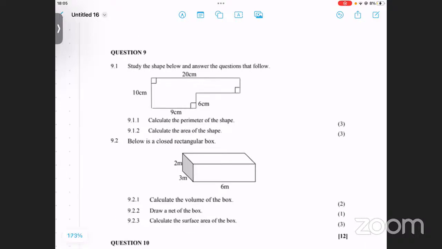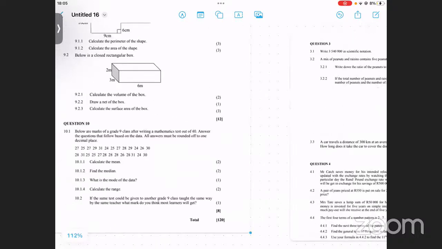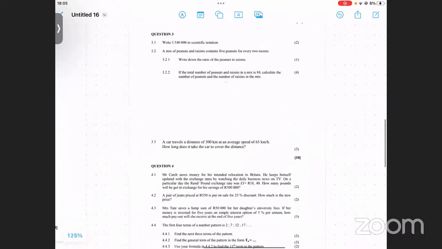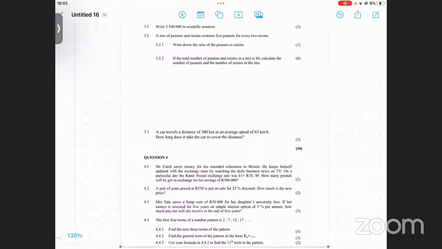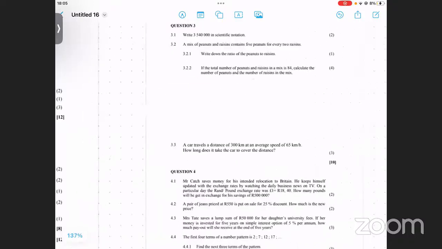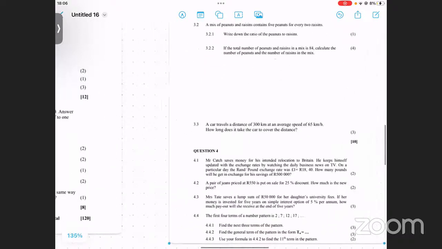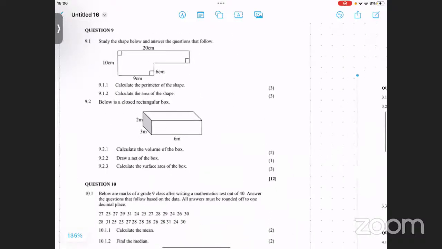I want us to do question 9, this question that you see here. Okay, but before we do that, I have question 9, 10, and 3 and 4. Which one do you guys think we must start with?